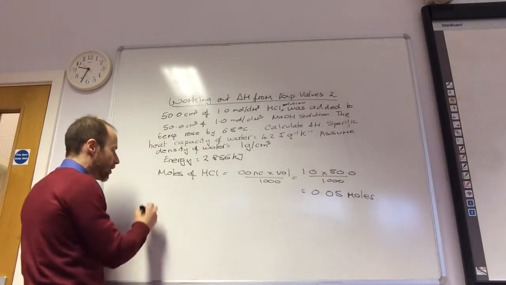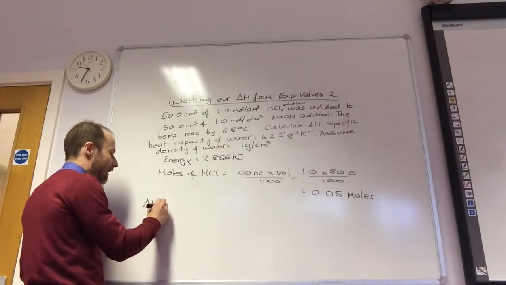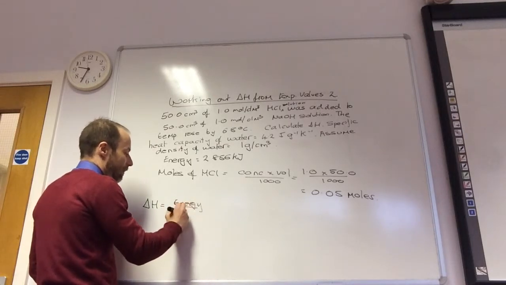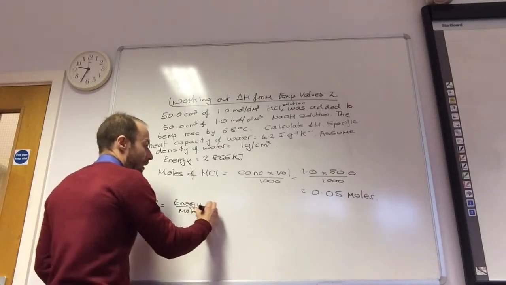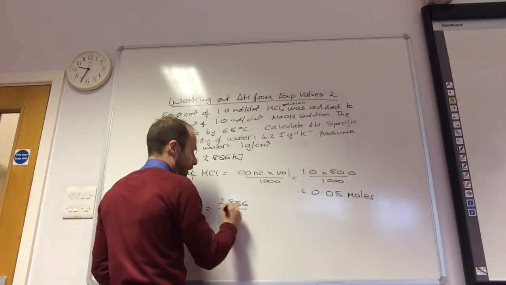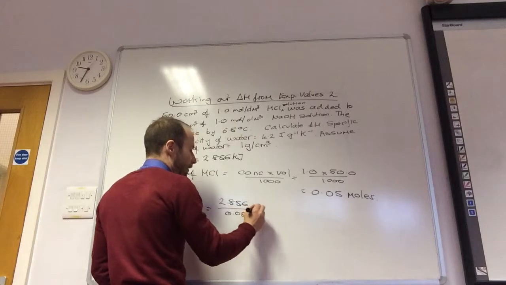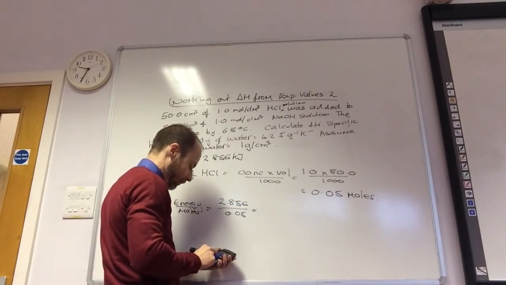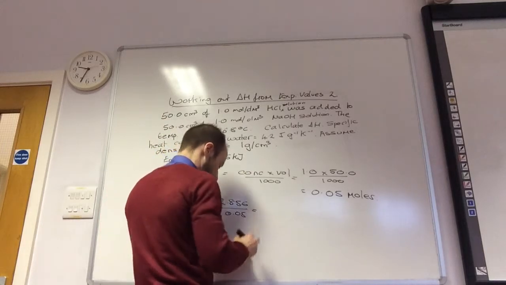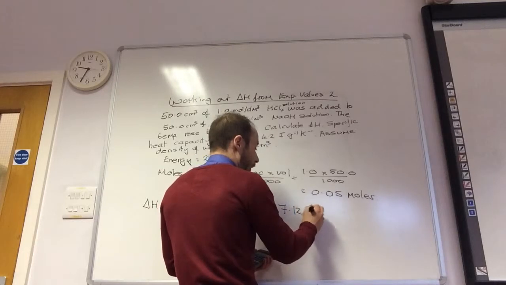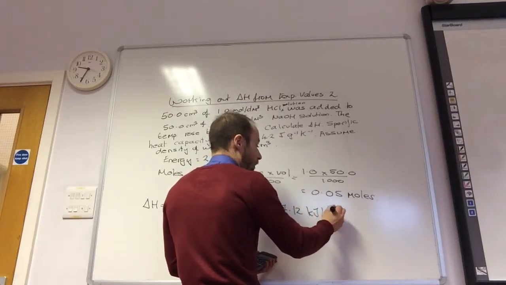Next step that I do to calculate delta H is equal to energy divided by moles, which is going to be that number divided by 0.05, which gives me 57.12 kilojoules per mole.